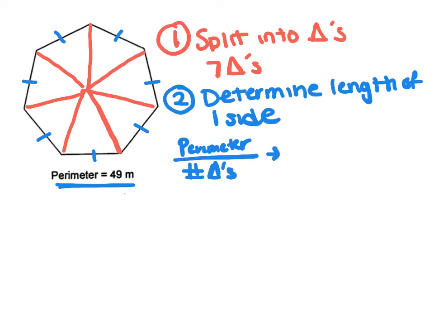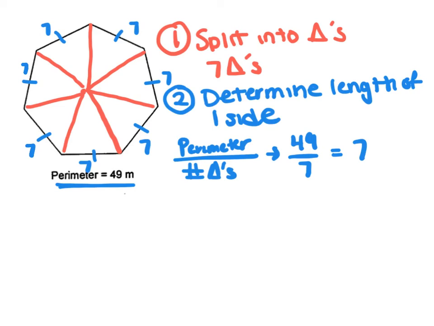So in this problem, it would be 49 divided by 7, which would give you 7, meaning that each of these triangles would have a side length of 7.